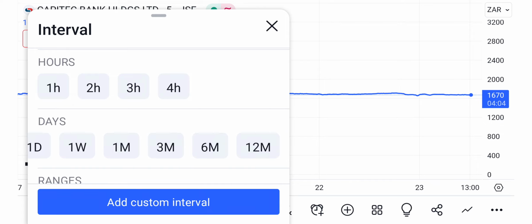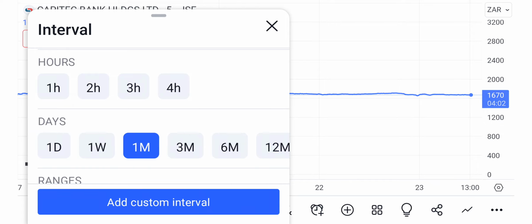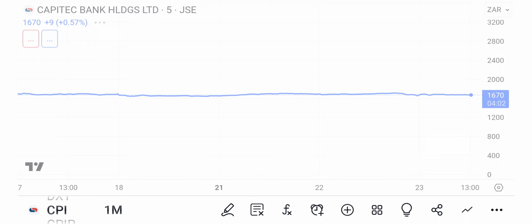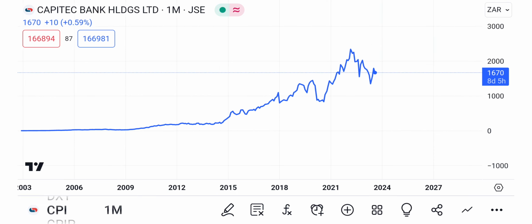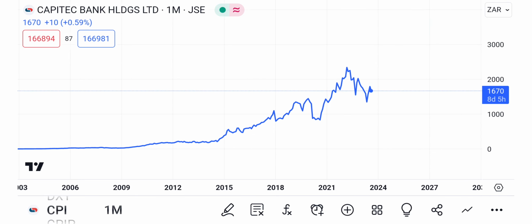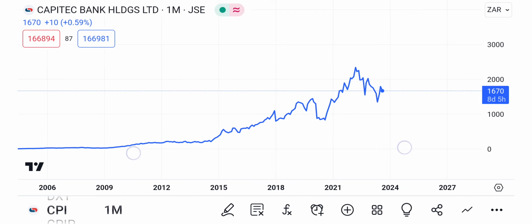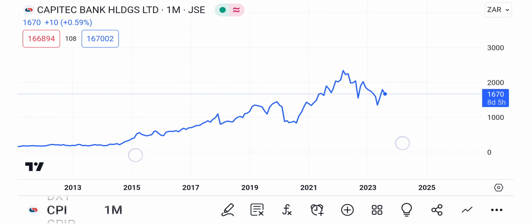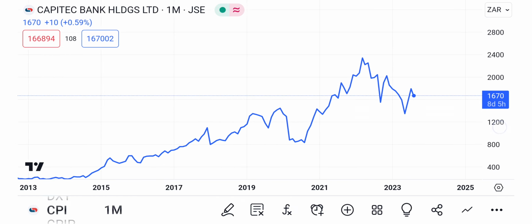Where's 1 year? It's 1 month. So this is our 1 month. I think it looks almost similar now.